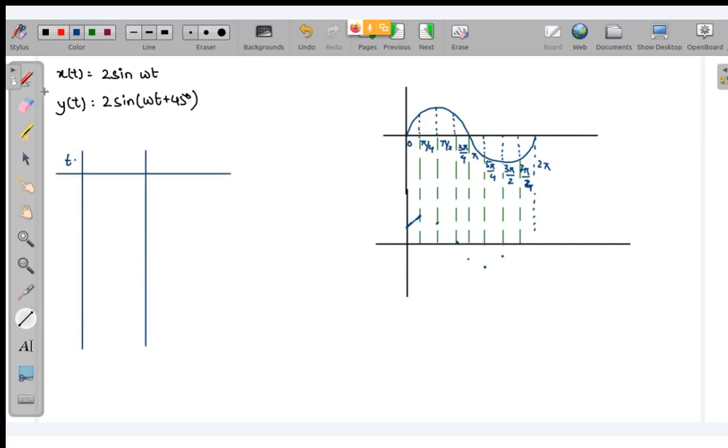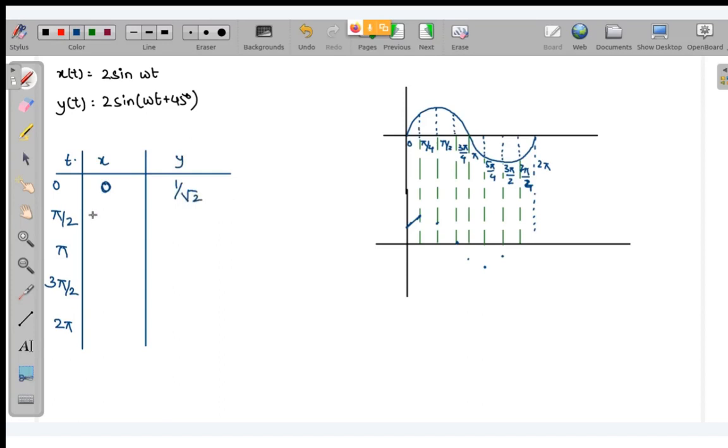So this is x, this is y. This is 0, pi by 4, pi by 2, or let us not take so many time instants. So pi by 2, then let us say pi, 3 pi by 2 and 2 pi. So what will this be? This will be equal to 0. Over here, this will be 1 by root 2.